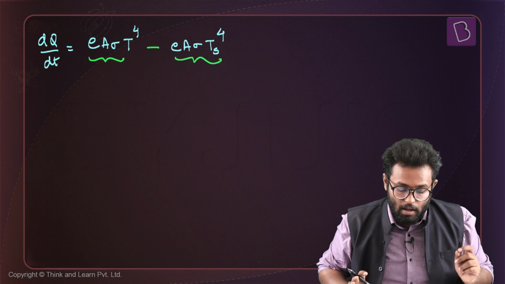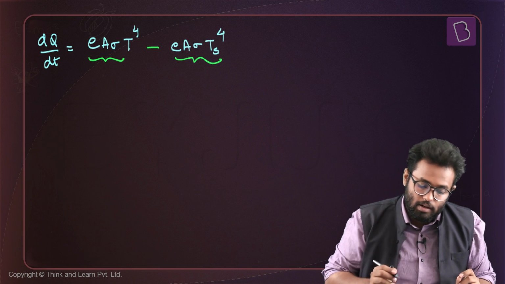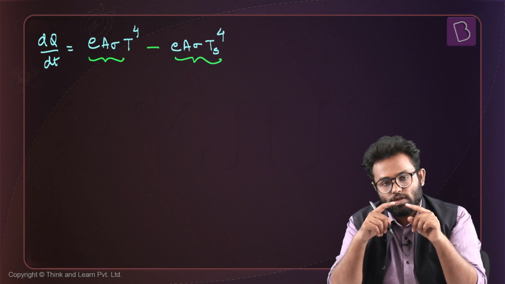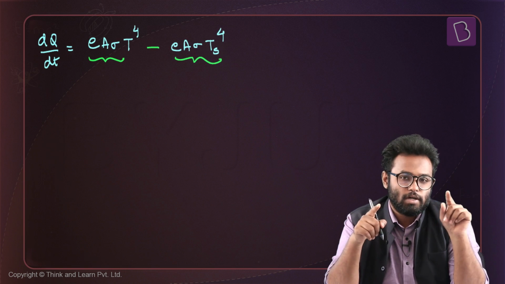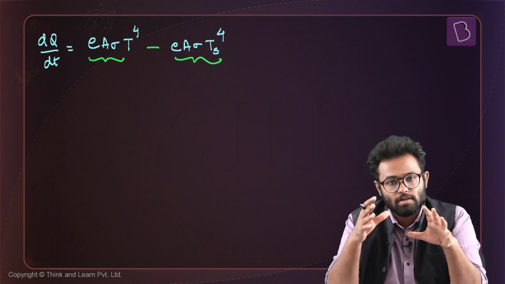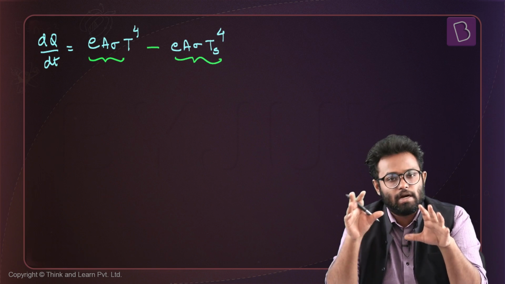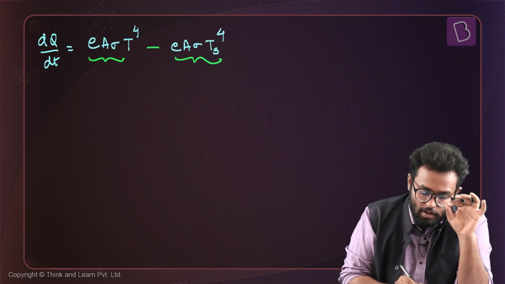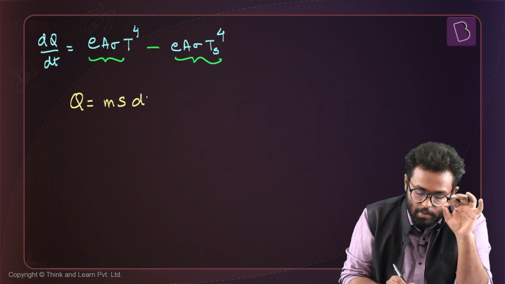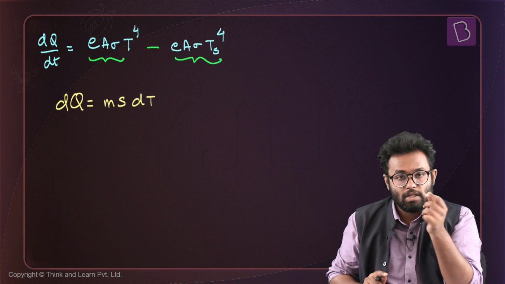dQ by dt. Now here dQ by dt is fine. Now how does that relate to the change in temperature? Is it directly proportional? As you change the energy of a substance, does the temperature also change? It does change, right? And how are they related? We remember that Q is equal to ms delta T, or basically dQ is equal to ms dT.